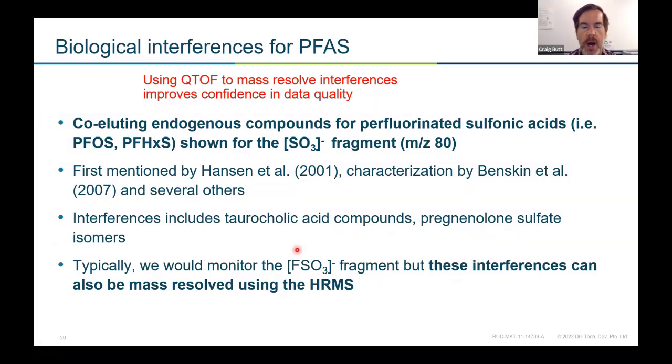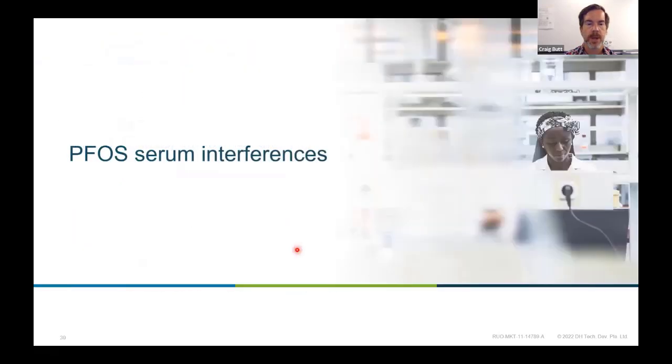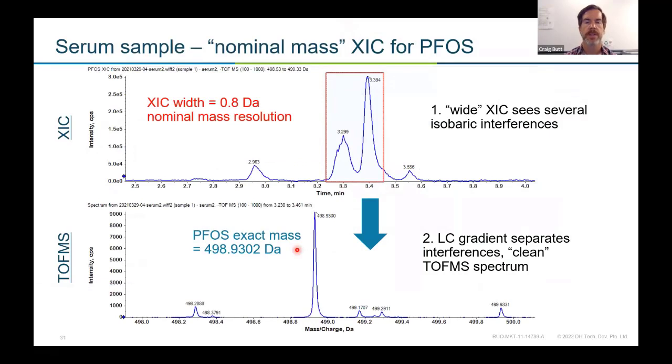However, what we can also do is use the accurate mass instrument to mass resolve those interferences away. And I'll show you how we can do it. Okay, so let's look at PFOS to start with and look at those interferences.